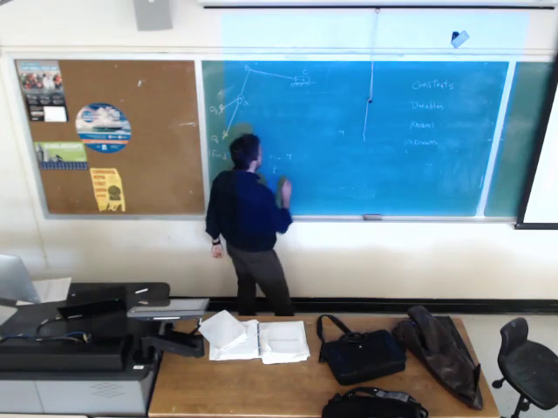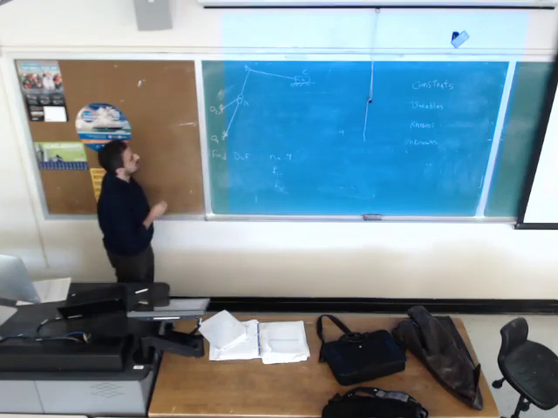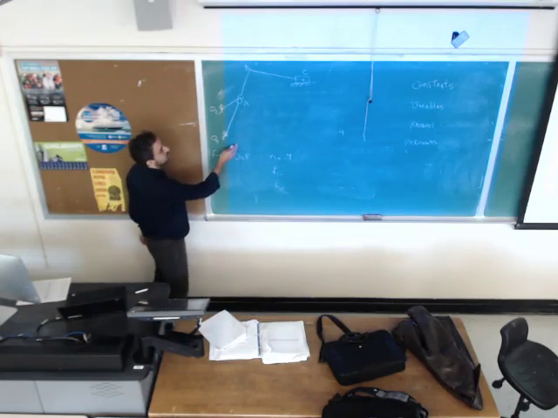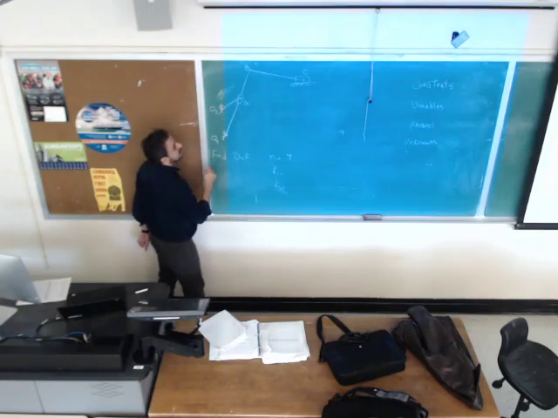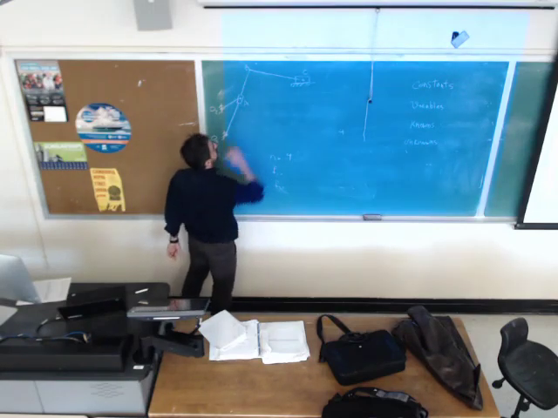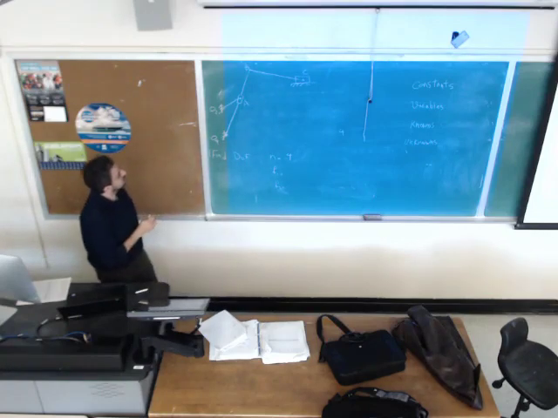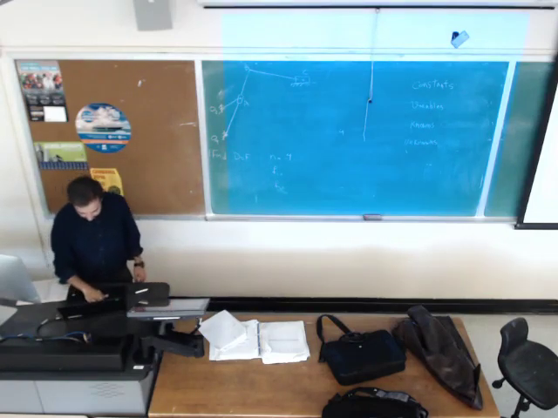N equals 4. One is ground. What will be the second one? O to A. A to B, okay. B to C. 4. Okay.